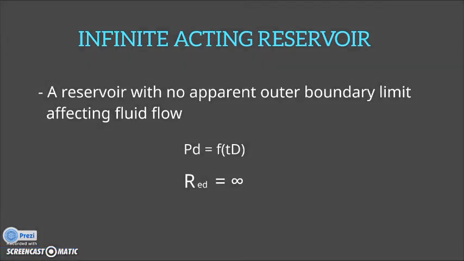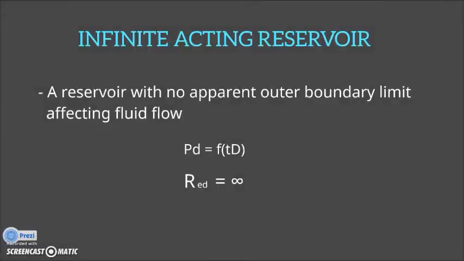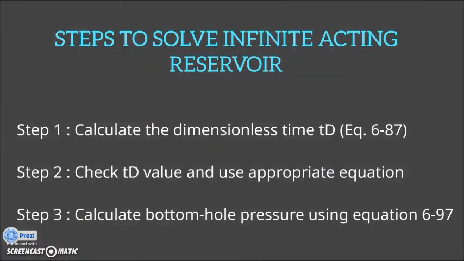So to recap, an infinite acting reservoir is a reservoir with no apparent outer boundary limit affecting fluid flow. Its dimensionless pressure is a function of dimensionless time, and the dimensionless external radius is equal to infinity. There are three simple steps in calculating for an infinite acting reservoir.